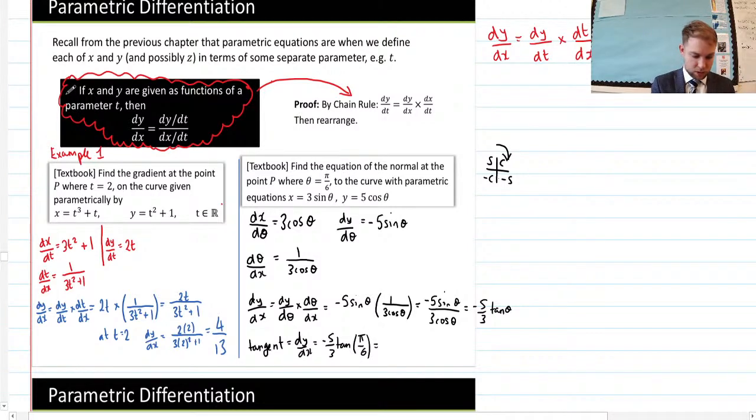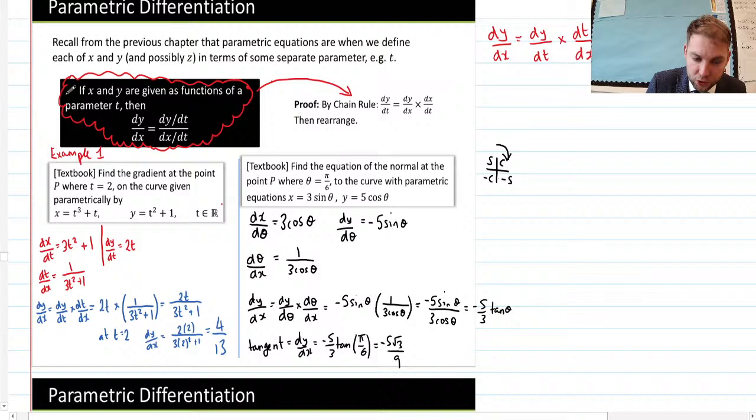so that's equal to shift mode, I'm already in radians, that's good. Fraction button, minus 5 over 3 times by tan of open bracket shift pi over 6 close brackets, which is equal to, as a whole number, minus 5 root 3 over 9, which makes sense. Minus 5 root 3 over 9.